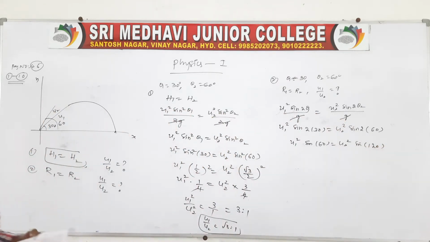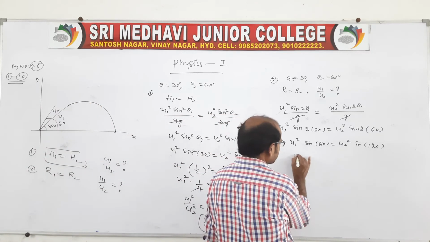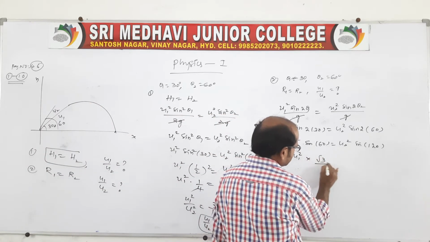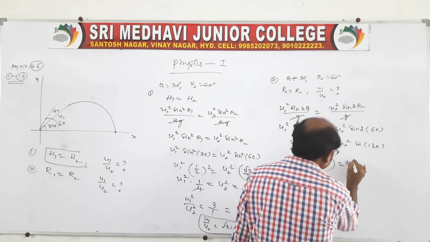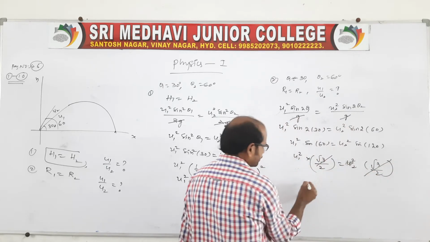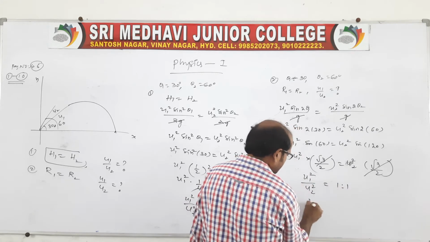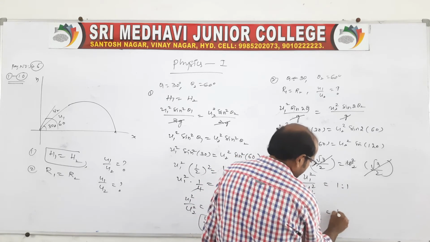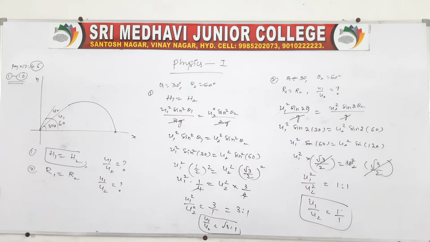Sir, what will happen to sin 120? Here you remember sin 120 and sin 60 are the same value, so u1 square has sin 60, root 3 by 2, and sin 120 is also root 3 by 2, so root 3 by 2 cancels. u1 square by u2 square is equal to 1:1, or u1 by u2 is equal to 1:1. The answer will be like this.